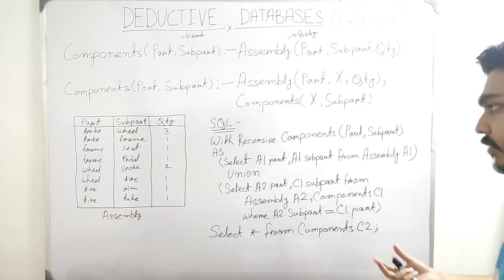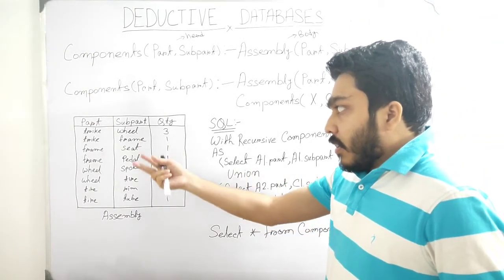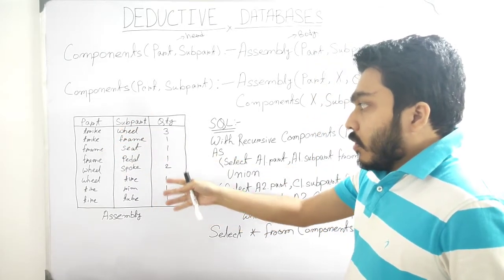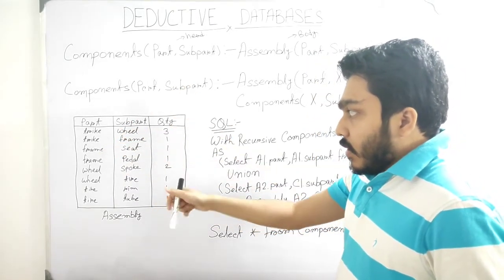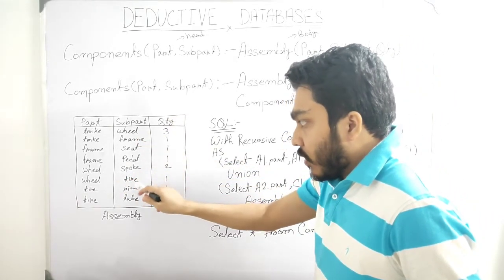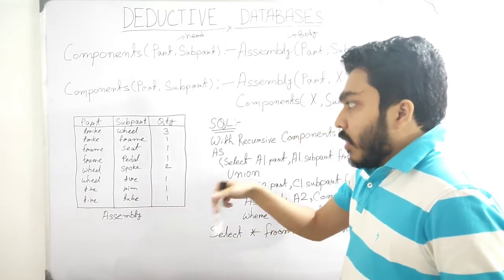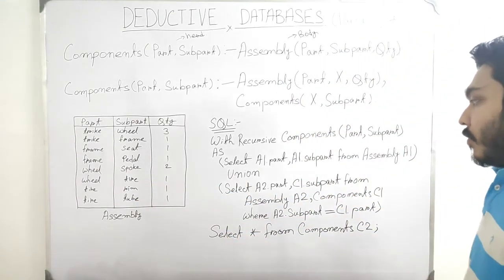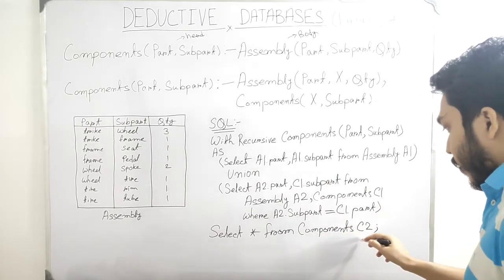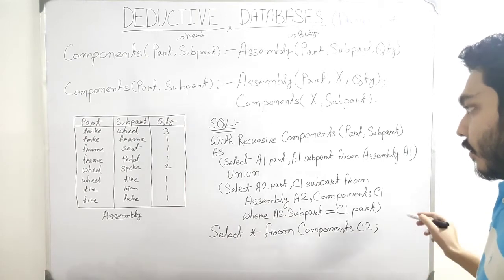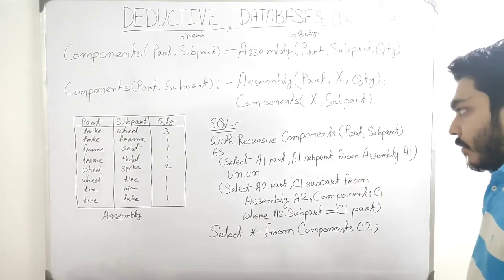Then it will show only the records where the part is trike and their subparts. So all the subparts, wheel, frame and spoke, tire, rim, tube, everything will be visible in the query.